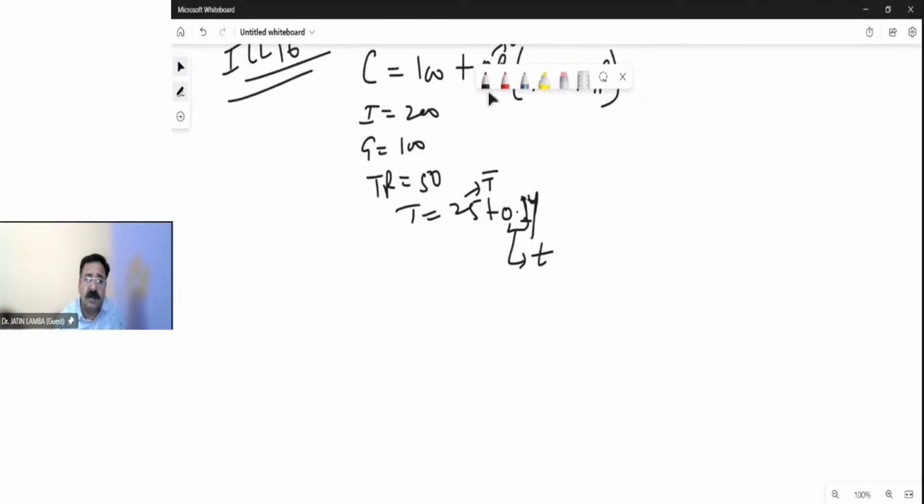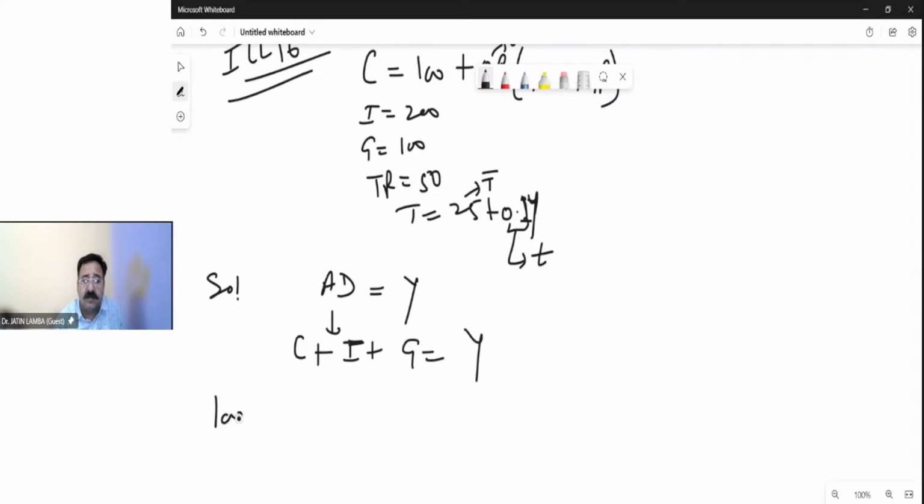What is the starting point of every solution? I have told you AD is equal to Y. Just start the question from this. AD is equal to Y. AD is C plus I plus G is equal to Y. Put the value of C: 100 plus 0.8 into y minus tax.